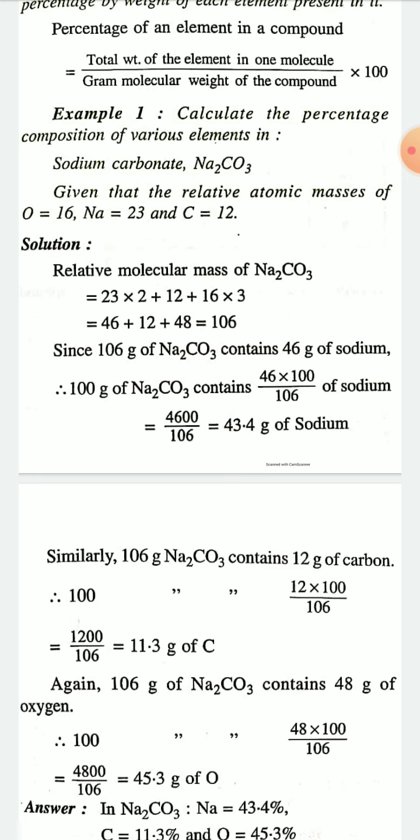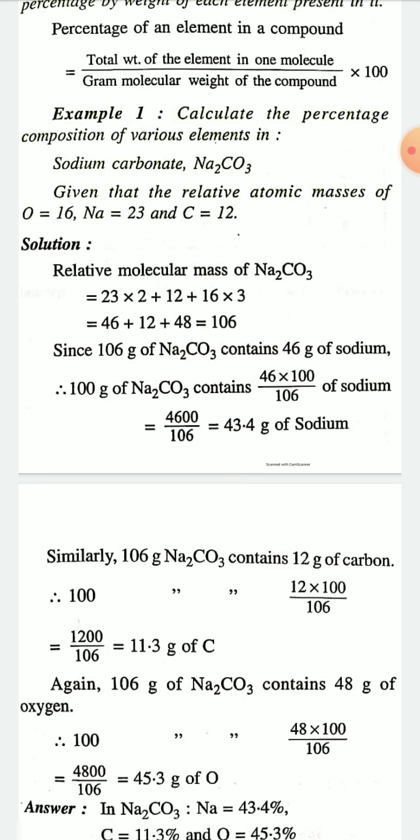Similarly, you can calculate the percentage of carbon present in sodium carbonate. According to the definition of percentage composition, you have to find the ratio of the mass of each respective element to the total mass or molecular mass of the compound.